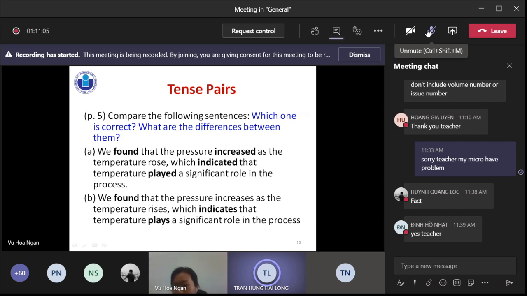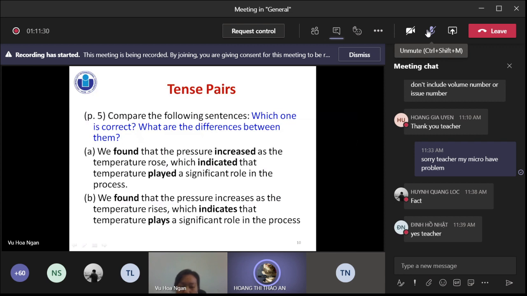Okay, right. Thank you. So how about others? Do you have any other opinions? If you have other insights, opinions, please feel free to share with us. I think we should choose sentence B. Okay. Why so?